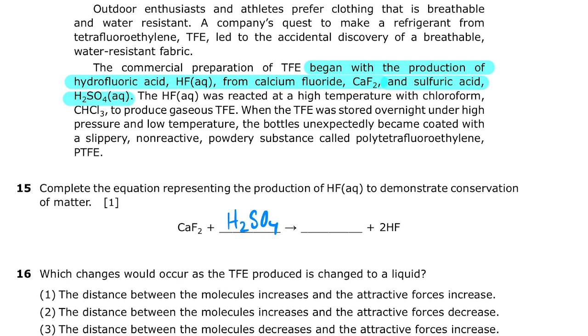I could see students saying that they would have CHCl3 be formed. However, there's no carbon on the reactant side, and there's no chlorine on the reactant side, and we should know that we have to show conservation of matter. We can't just spawn elements out of pure air. So we got to figure out what the other product is.